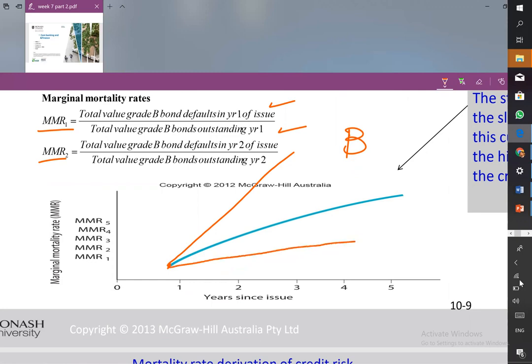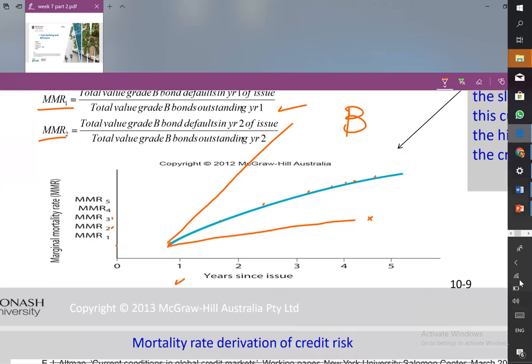This is telling me that the number of bonds defaulted in year one in this class was this number here, and in year two it goes up a little bit, which is very logical. Defaulting is related to maturities. So I told you if this line is steeper, the credit risk is higher. If it is less steep, like this line, then it's less.